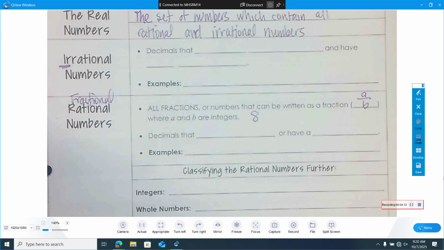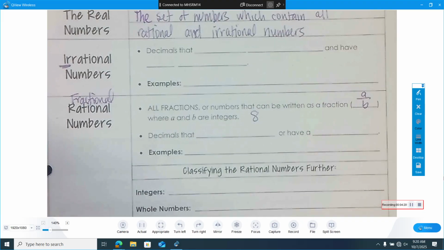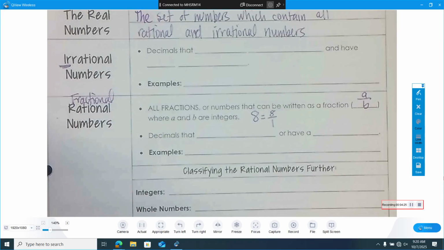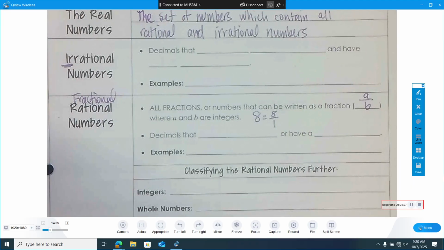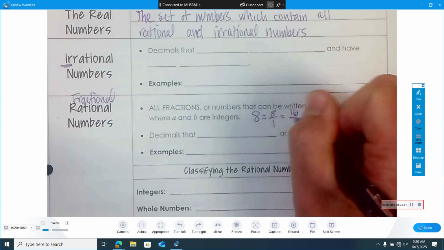So for instance, 8 is a rational number. Can I write it as a fraction? Yeah, I certainly can. I can write it as 8 over 1. So it's called a rational number because I can write it as a fraction. I can also represent 8 as 16 over 2.